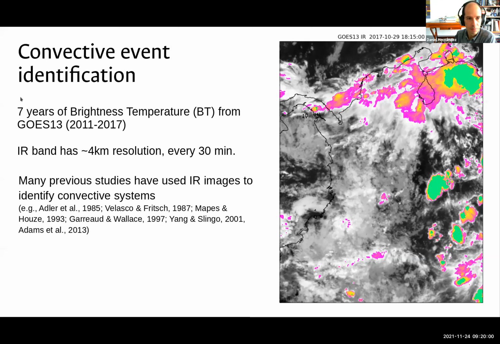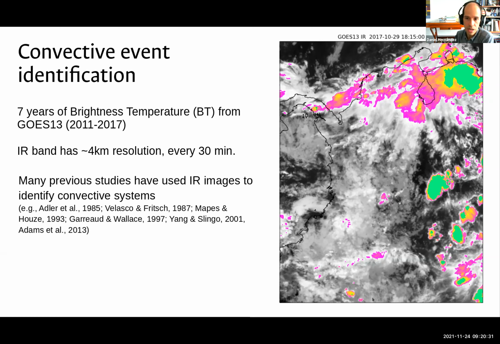This IR band from GOES 13 has about a 4-kilometer resolution, and it's available every 30 minutes for this part of the world. It's not something new. Many previous studies have used infrared images to identify convective systems. It has been used a lot for mesoscale convective systems in the past, and to look at distributions on a larger scale. The advantage now is that we have better and better resolution of these products, so we can go into finer details.